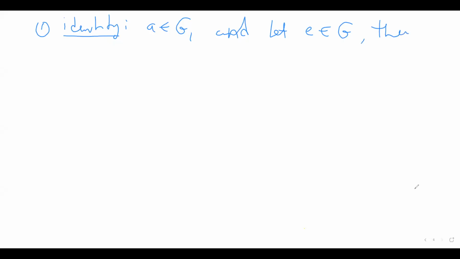Then we can get the identity element. Then we say that A plus E is equal to A. That is what we know as the identity property.